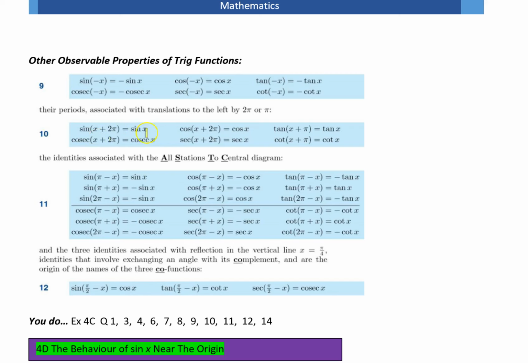You can actually see this happening on your graphs. Here we've got our obtuse. The sine of 2 pi minus an acute angle is minus the sine of pi. Now that's a property you would have learnt when we looked at the trig in the unit circle, and you can actually see it happening now on the graphs.